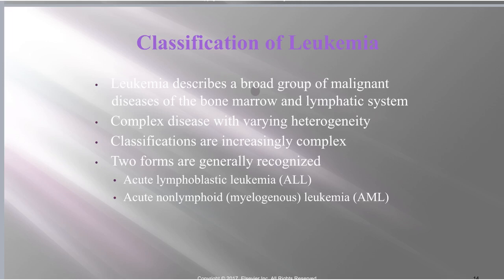AML is less likely in children, but it does occur, and its survival rate is lower. ALL is highly responsive to treatment. AML tends to be less responsive to treatment. In fact, with AML, they are more likely to go to bone marrow transplants quicker than with ALL. With ALL, they'll try to just do the chemotherapy and radiation a couple times if there's relapsing.